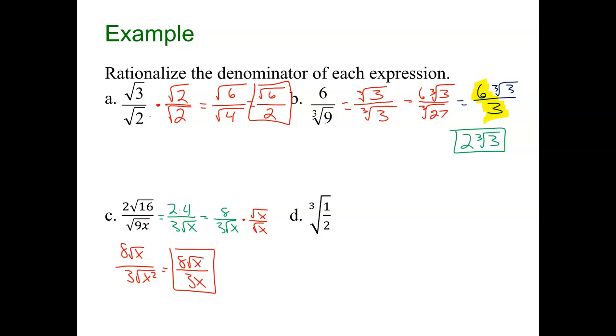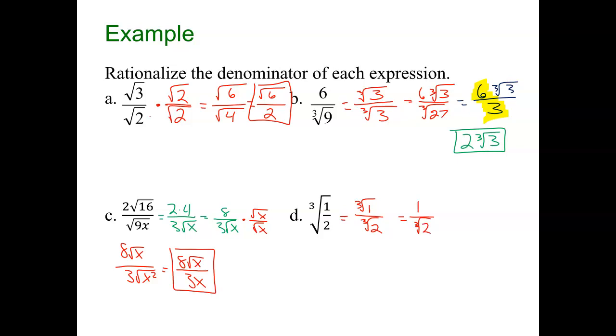When you've got your fractions inside your radical, it's usually best to use your quotient rule and break it apart and see if you can simplify part of it further. Can I take the cube root of 1? Yes, 1. Cube root of 1 is 1. Fourth root of 1 is 1. Square root of 1 is 1. 1's a magical number to take roots of.